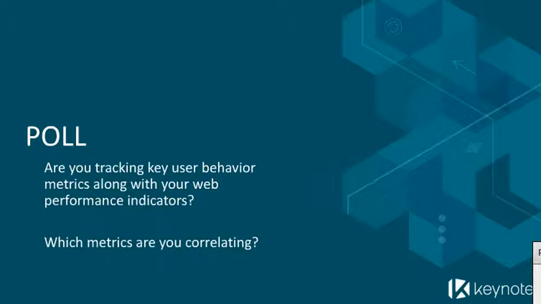So if you could take just a moment to answer our poll, you should see it inside of your screen here as to whether or not folks are actively measuring these two types of metrics today.